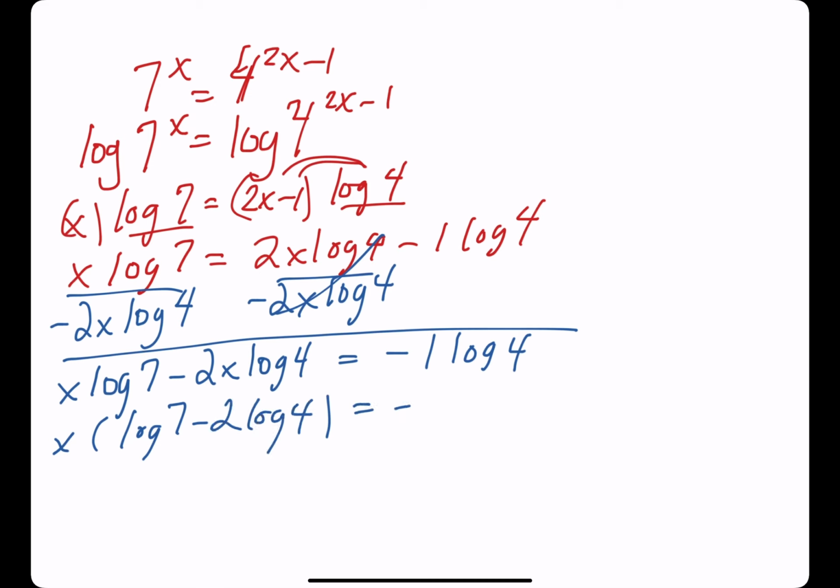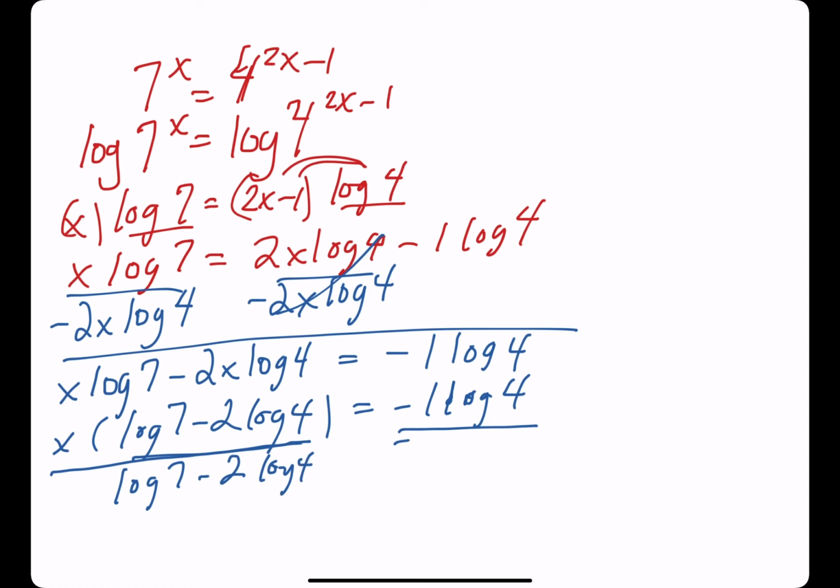Now that I've taken the variable out, this is basically just a coefficient of x. It's just a number, okay? So I'm going to divide it away. So now it's been divided away, and x is by itself, which is what I wanted.